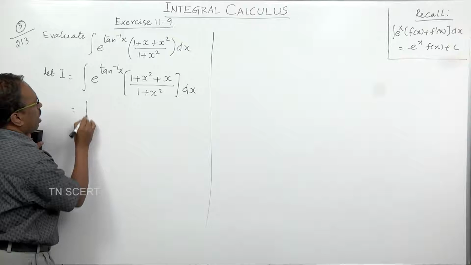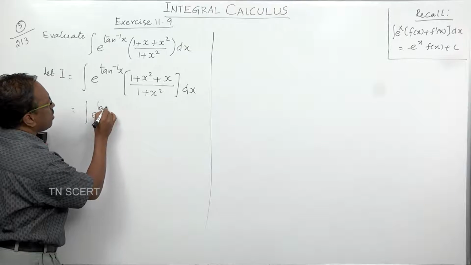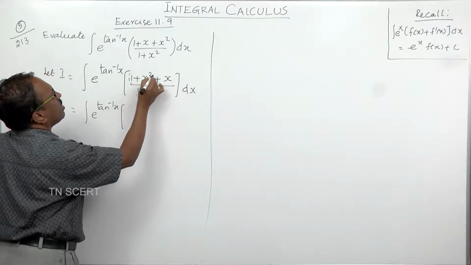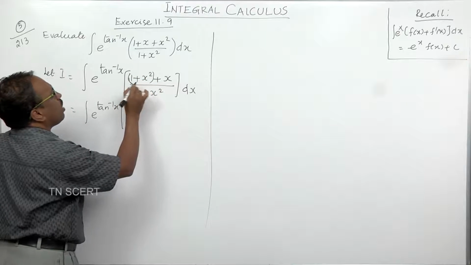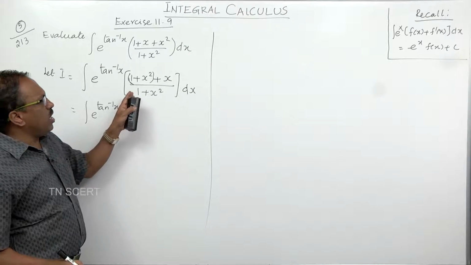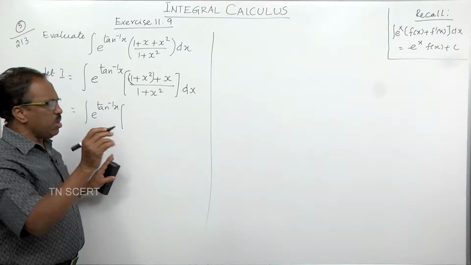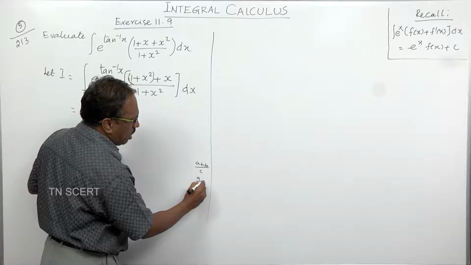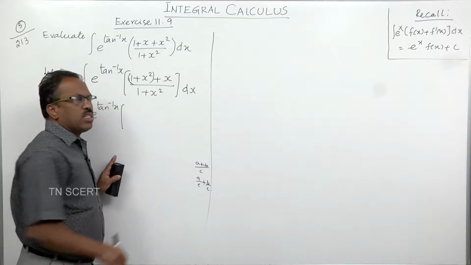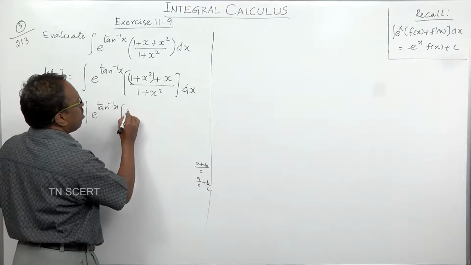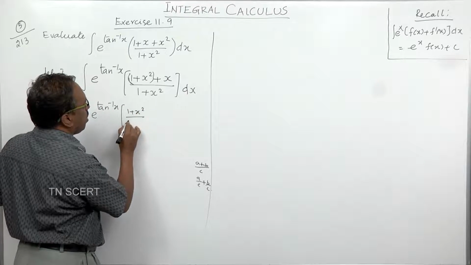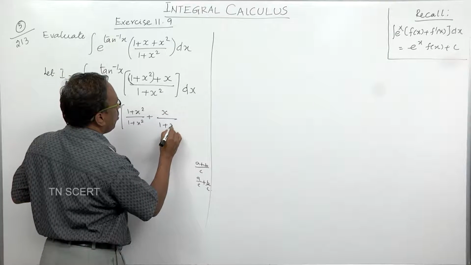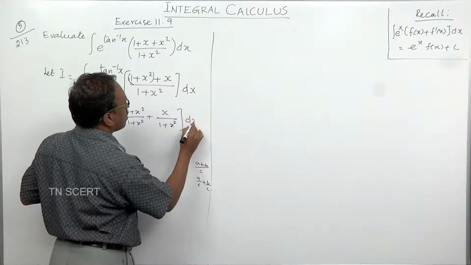I am not going to disturb the first term, but this we can simplify like a plus b by c equals a by c plus b by c. Let us take 1 plus x square by 1 plus x square, plus x by 1 plus x square, dx.